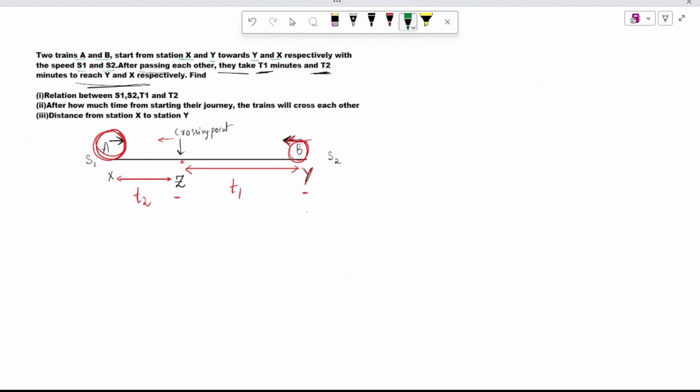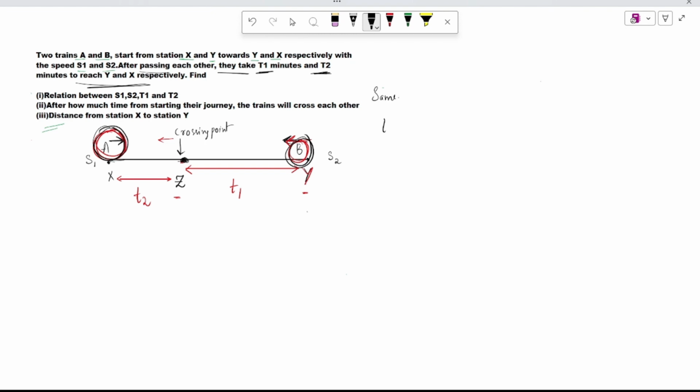See now, they ask to find a certain number of questions. Before that, both train A and train B started from station X and station Y at the same time. So the time taken by train A to the crossing point and the time taken by train B to the crossing point are both the same.